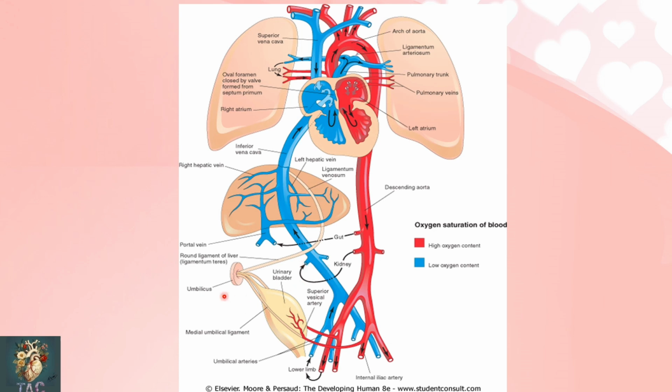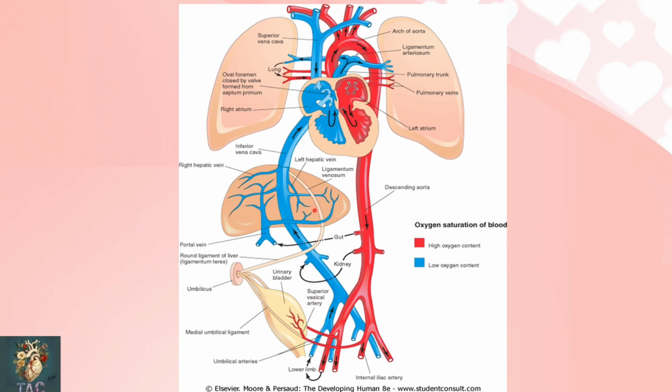Also, because of different factors, the right umbilical vein which is present over here also disappears. It also closes, and this forms the round ligament of the liver, also called the ligamentum teres. Similarly, the ductus venosus also becomes scarred, and it is called the ligamentum venosum.